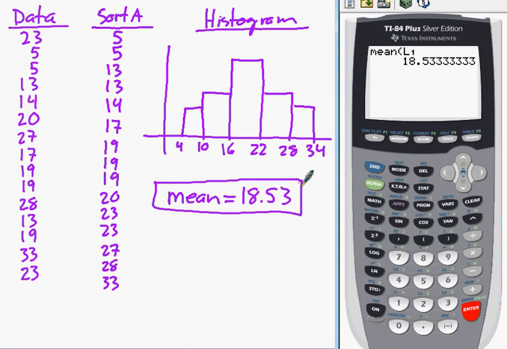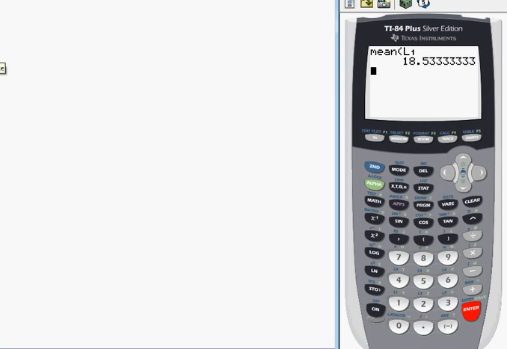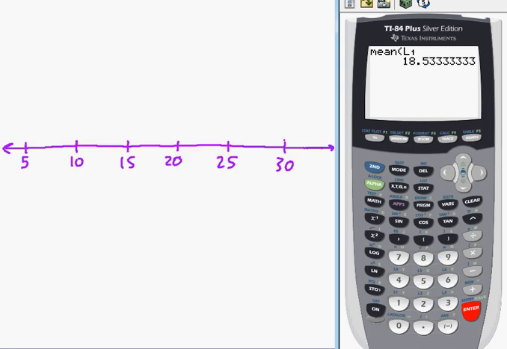So there's our center. Now, what I'm going to do is get a new screen and start graphing or plotting these data points on a horizontal number line. So here's my number line, and I'm going to just plot my data points on this. So I have two number 5s.